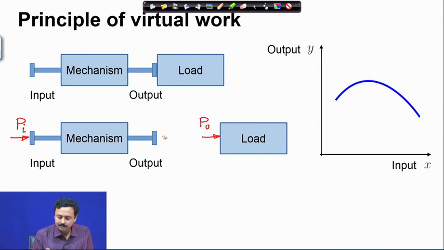Therefore, the mechanism feels a negative force P O in the opposite direction. That is a reaction force on the mechanism. So, we have P I at the input and P O in this direction on the output.